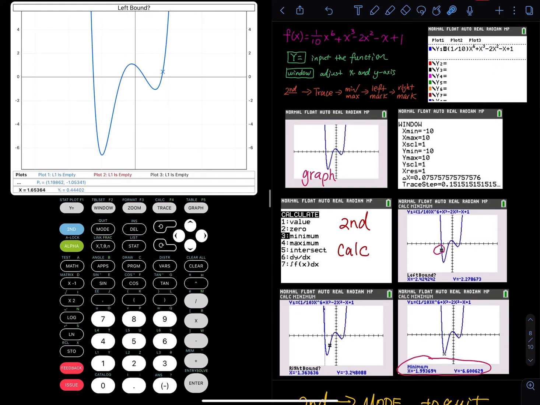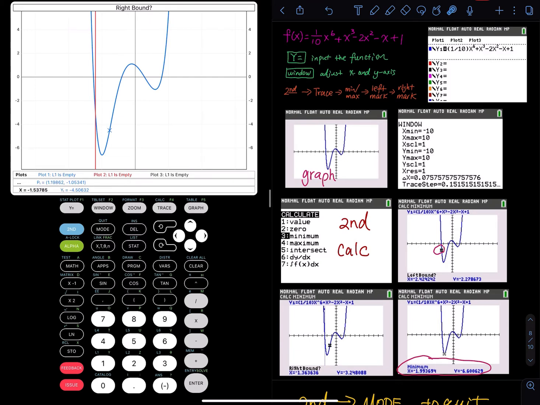Use the left arrow to place that flashing cursor on the left hand side of the minimum, anywhere on the left hand side, and then press enter. They are asking for a right bound, so you move the cursor to the right hand side of the minimum and press enter.